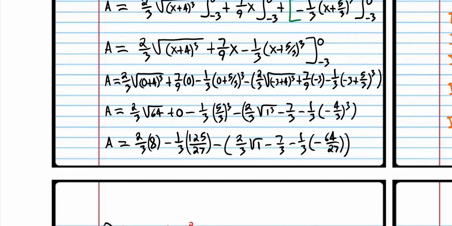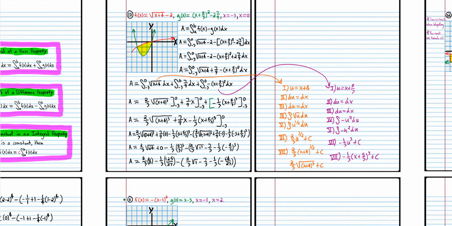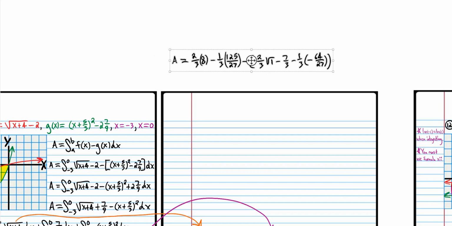So again, I just want to stress that I'm showing a lot more work than you really have to show. I just want to make sure that you see exactly what's happening. So we're going to copy this. And so let's see if we can simplify this. We're going to have to kind of rush through because we're running out of room.